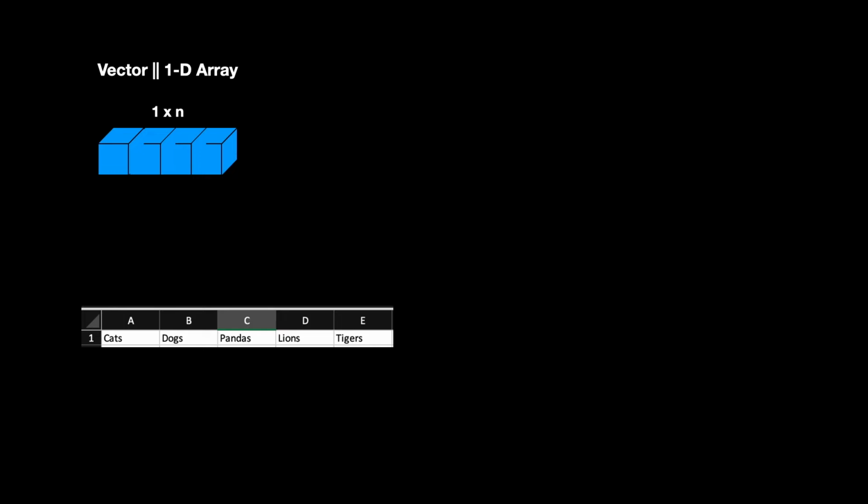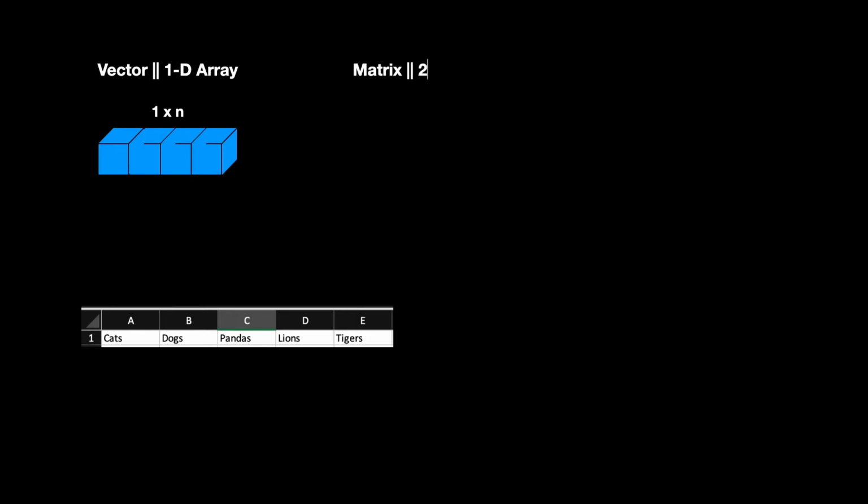Essentially, row 1 holds cats, dogs, pandas, lions, tigers. So let's say, for example, I want to access pandas, which is the third element in the first row. Since the index in computers starts with 0, it would be 0, 1, 2. The third element would be 0, 1, and 2.